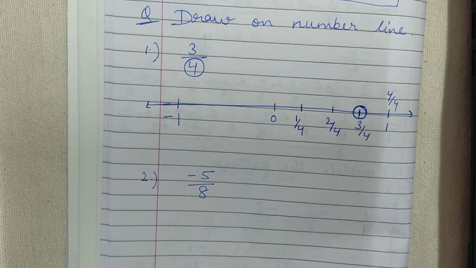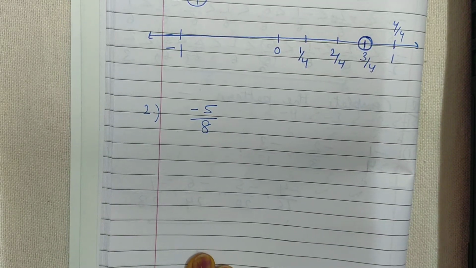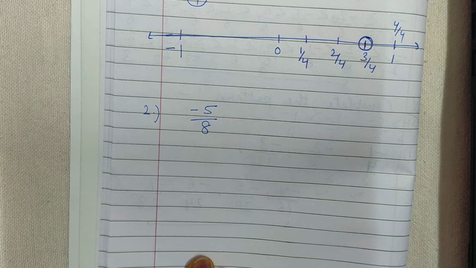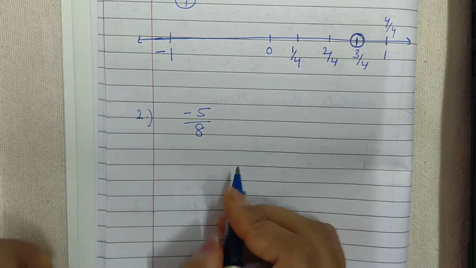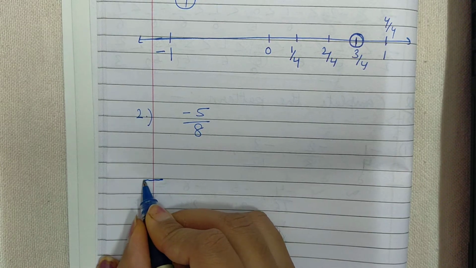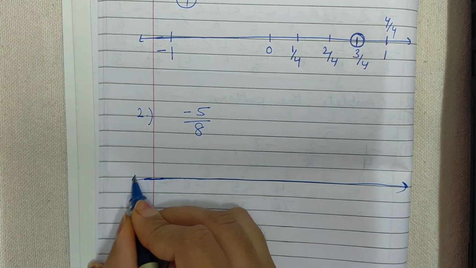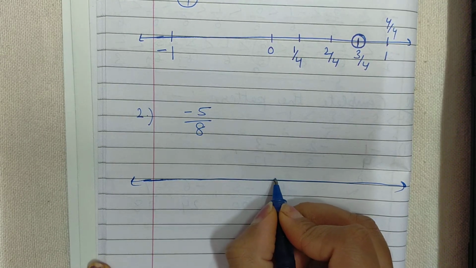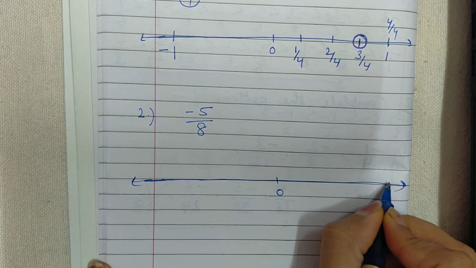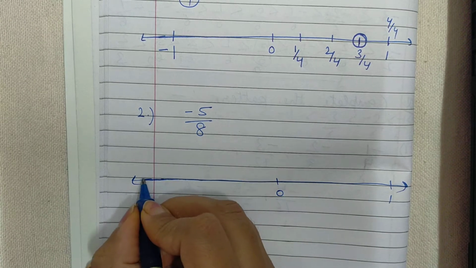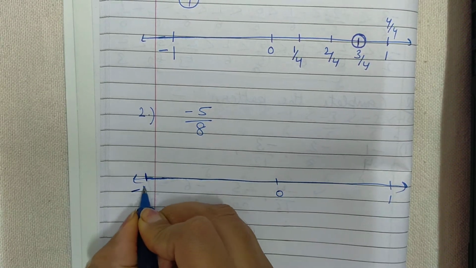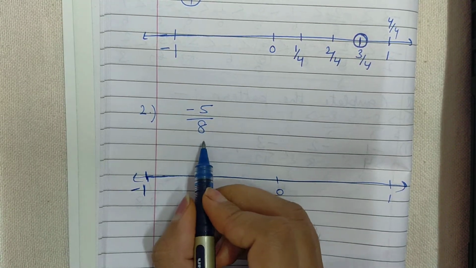One more question based upon this number line is -5/8. Now this time it is a negative rational number and we have to represent it on number line. Now see, it is 0, 1 and then -1. Now what is the denominator?